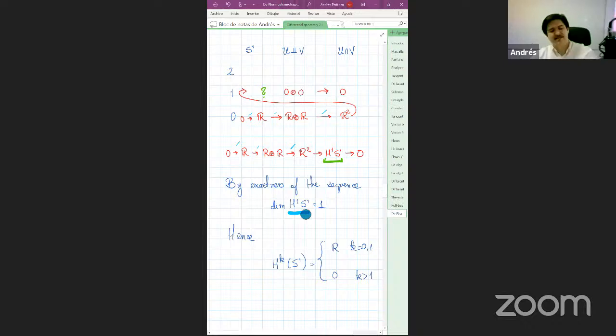So that's like having even more information about the cohomology. We know that it is one-dimensional, that's fair, but we can even go further and try to understand and build the one-form that generates that vector space.